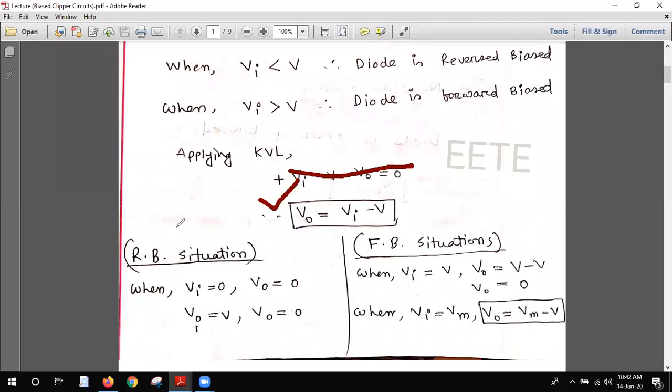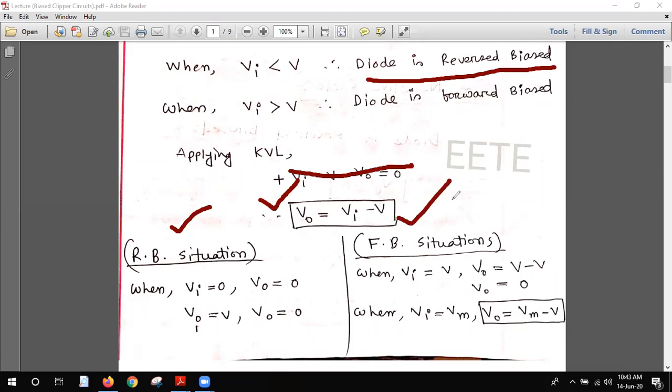I already told you that at the very beginning the input voltage Vi is less than V, so at that time the diode is reverse biased. So for the reverse bias situation, from this KVL we got the output equation.